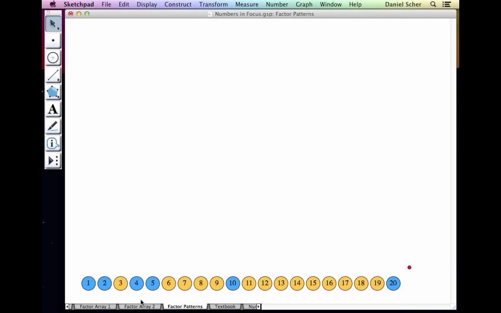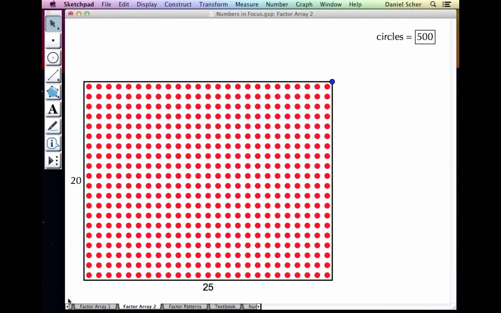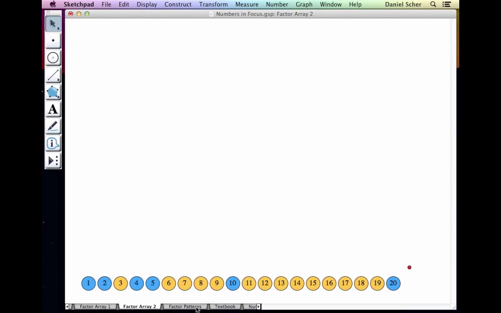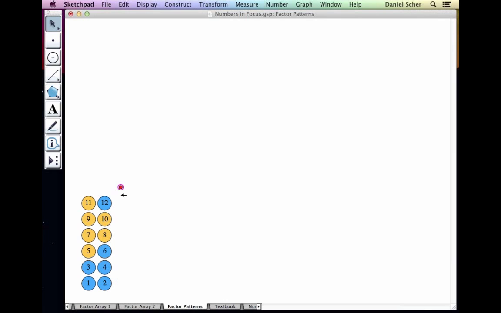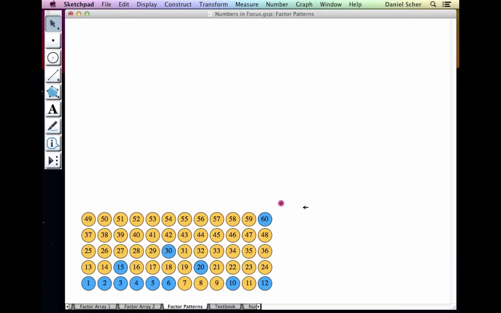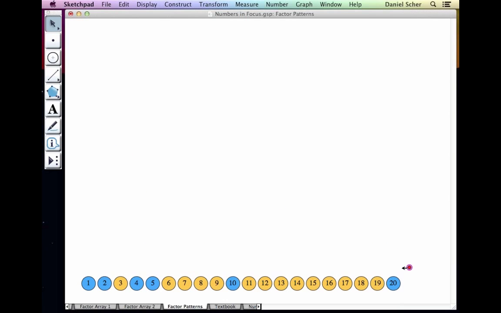We see that since 2 is a factor of 20, that's an indication that if I make an array with 2 columns, I should be able to get 20 circles. And there I have it. If I go back to 20, this also tells me, for instance, that since 5 is a factor of 20, I should be able to make an array with 5 as the number of columns, and there I have it.